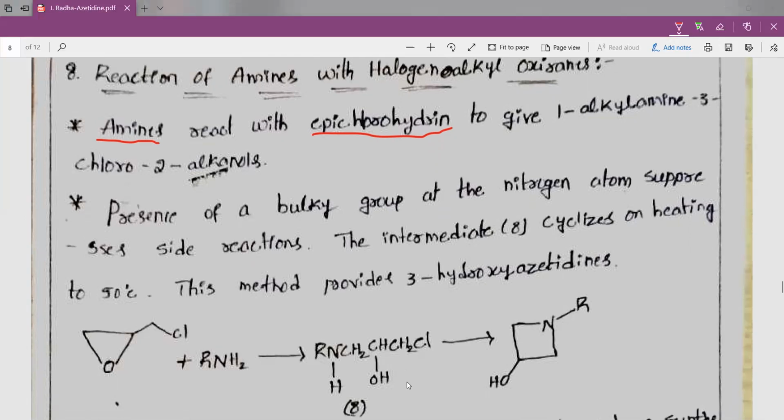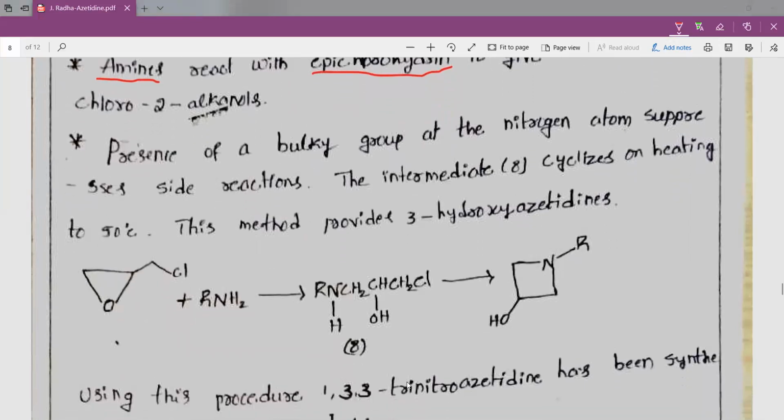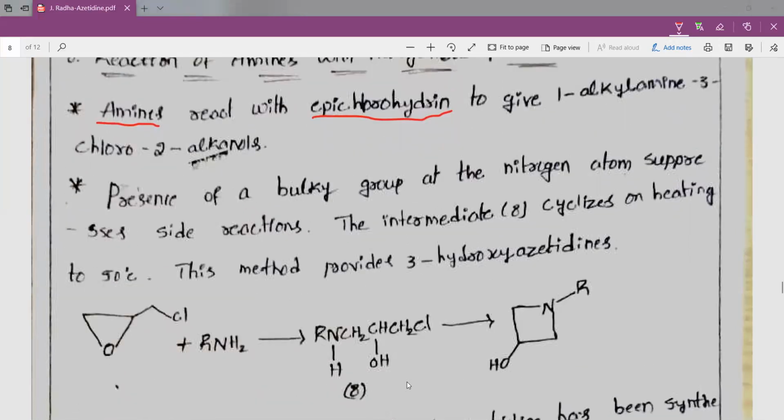So epichlorohydrin reacts with the primary amine to form a 1-alkylamino-3-chloro-2-alkanol. This intermediate, compound 8, then undergoes cyclization.